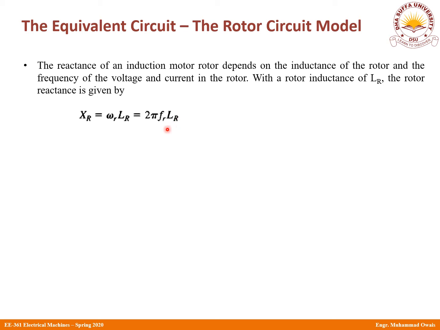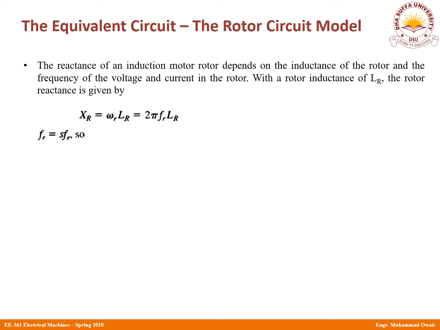Remember this is for the rotor side, therefore fR is the frequency of the rotor and LR is the rotor inductance. Now we discussed the relation for fR in terms of fe. We saw that fR is linked with fe via the slip. So let's put that relationship into this equation, which is fR equals s times fe.